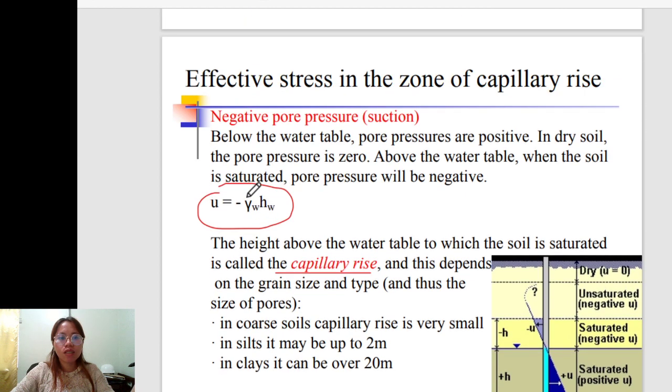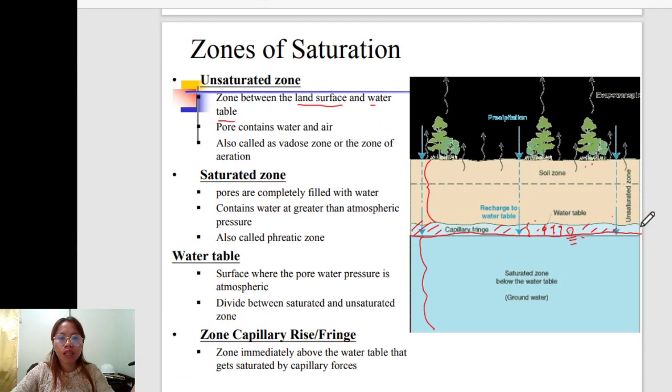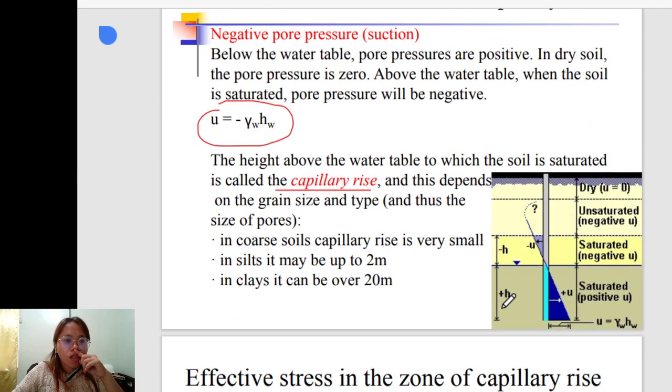But the H, with the unit weight of the water, the H is actually equal to the height of the capillary rise only. This is the H sub W, no? And this depends on the grain size and type, and thus the size of pores.